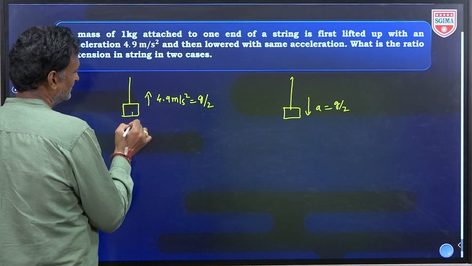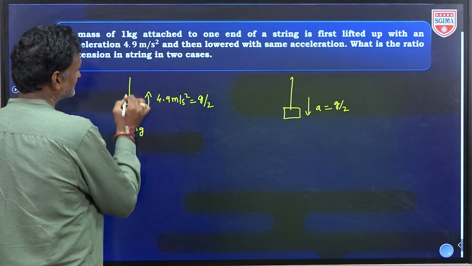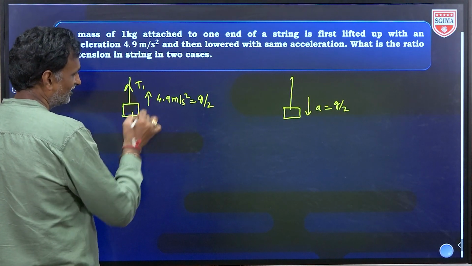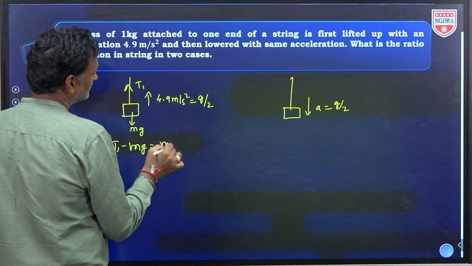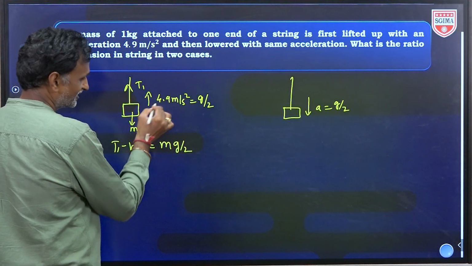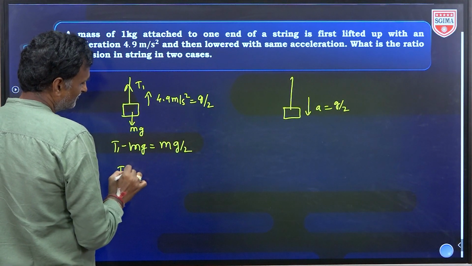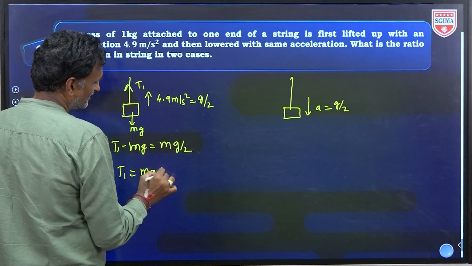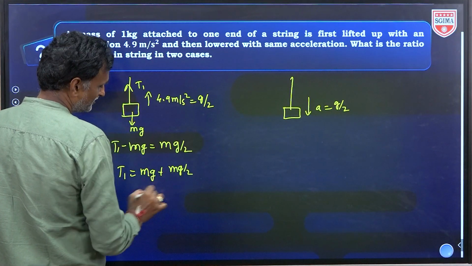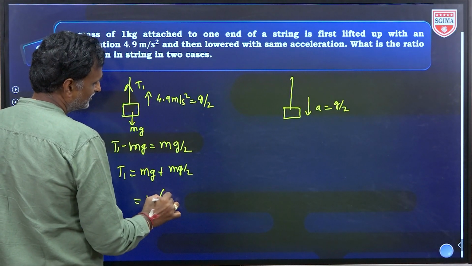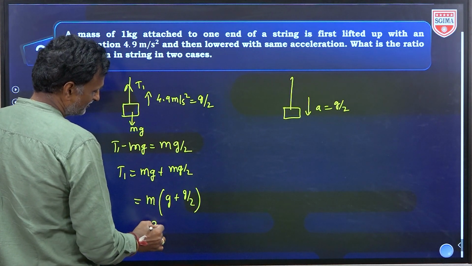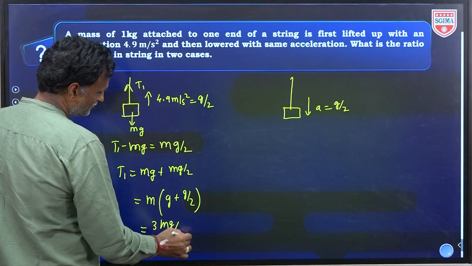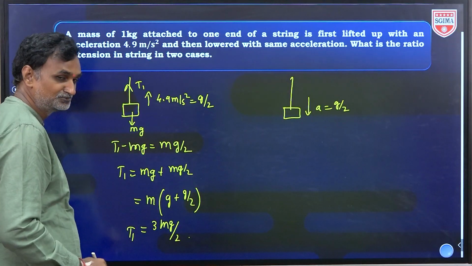Let us take mg here. Here T1 we can write, so upward, T1 minus mg equals mg by 2, because ma. We will write T1 equals mg plus mg by 2, which is m common, g plus g by 2, 2 plus 1, 3 mg by 2, we get tension 1.